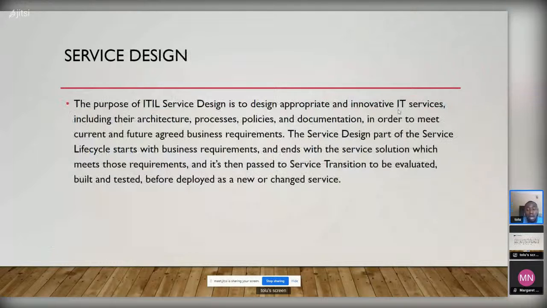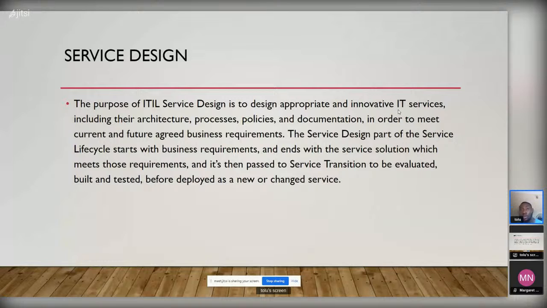Service design. The purpose of IT service design is to design appropriate and innovative IT services, including their architecture, processes, policies, and documentation, in order to meet current and future agreed business requirements. The service design part of the service lifecycle starts with business requirements and ends with a service solution.